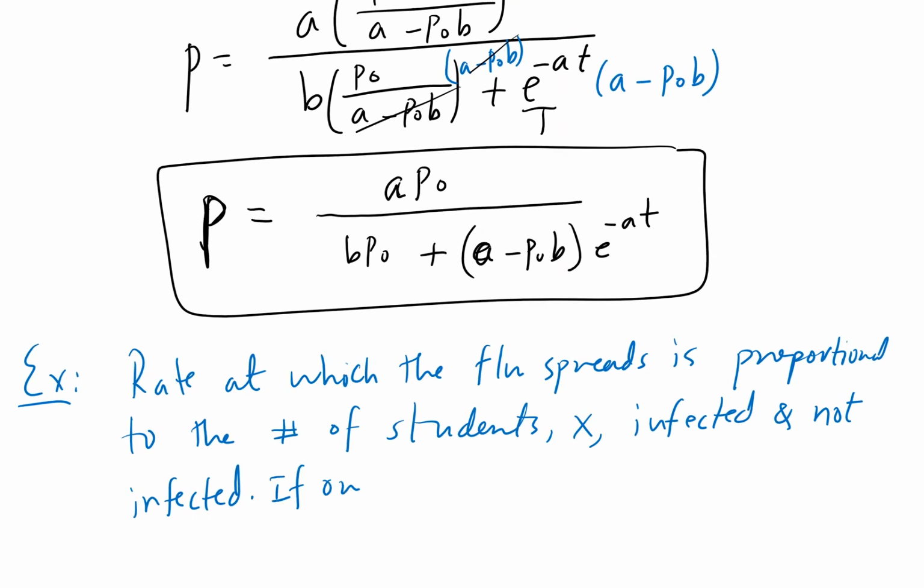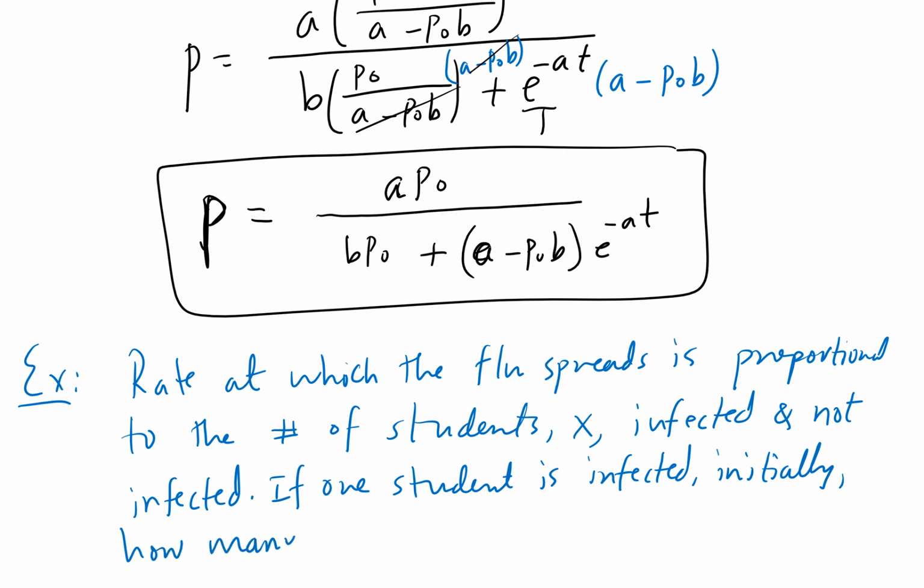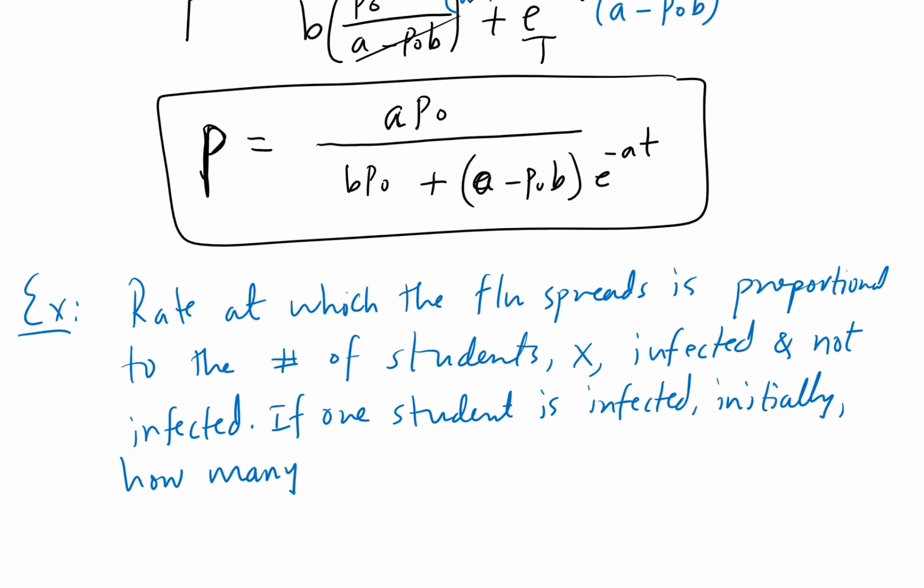If one student is infected, it was initially infected, how many infected after 6 days?